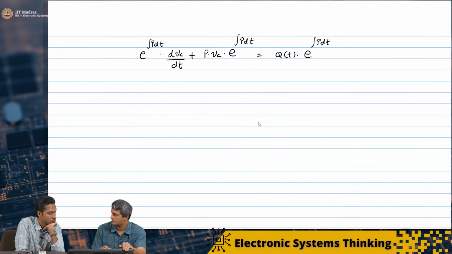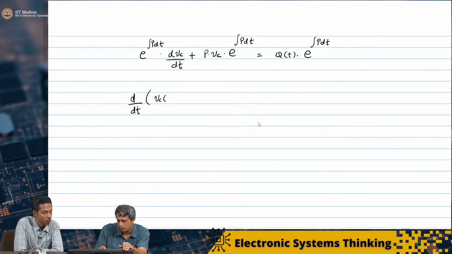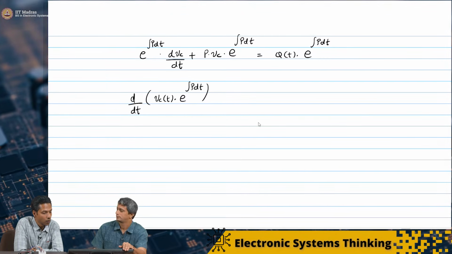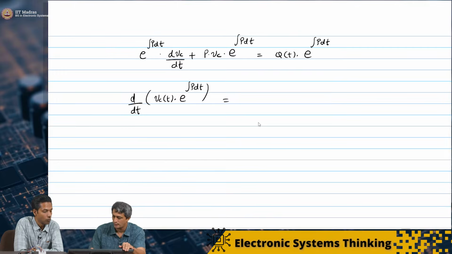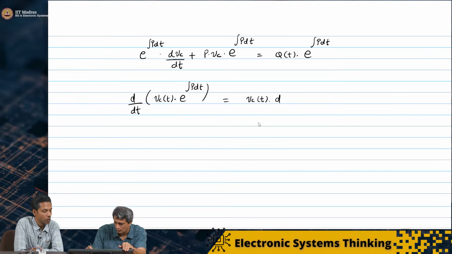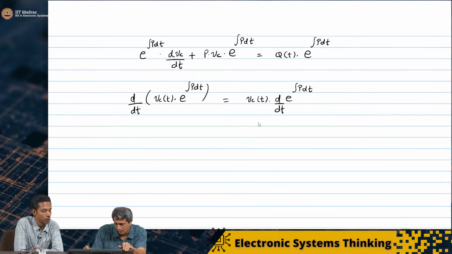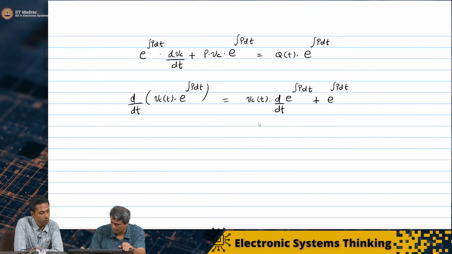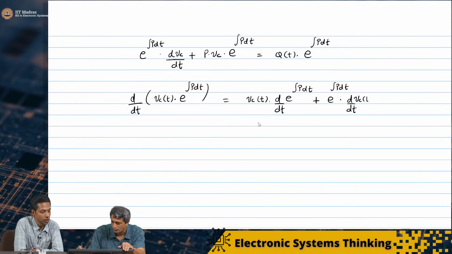If I look at d by dt of vc of t into e power integral p dt, and do it by parts, using the UV rule, I will get vc of t into the derivative of e power integral p dt, plus e power integral p dt into d by dt of vc of t.